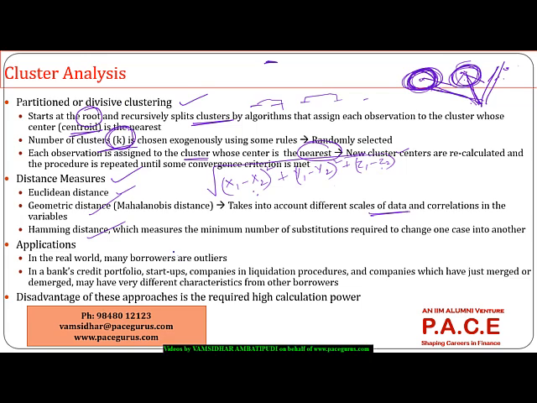What we generally try to derive from this cluster analysis is, in the real world we know that many borrowers are outliers. Typically in a bank's credit portfolio, startups, companies which are almost on the verge of closure or liquidation, and companies which have just merged or demerged generally look completely different from the rest of the companies.